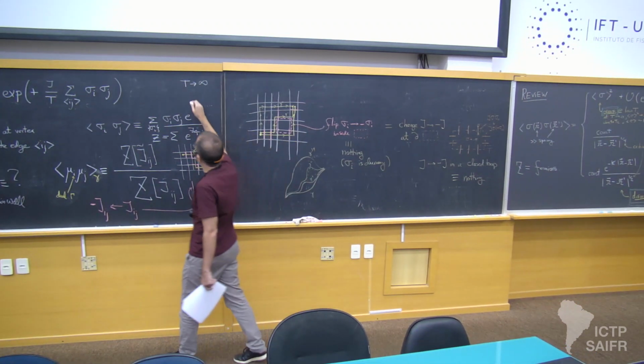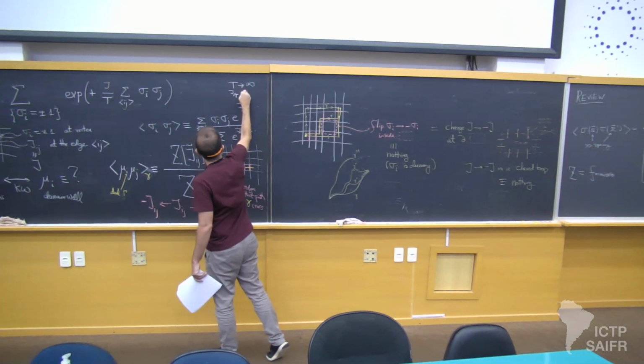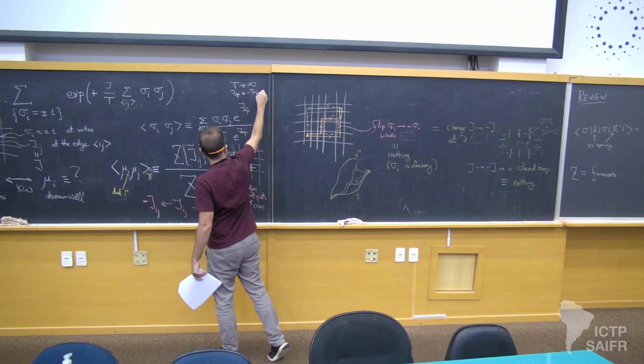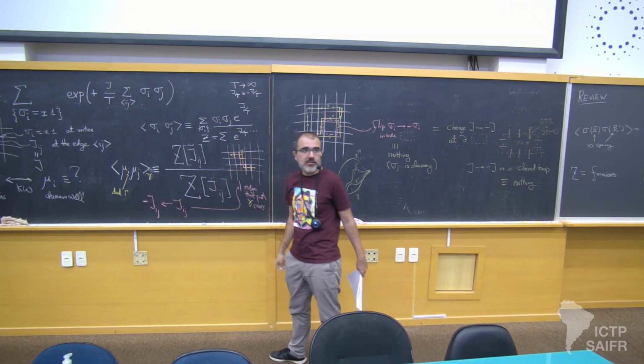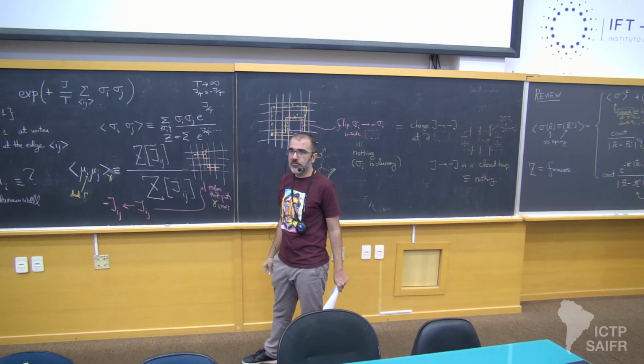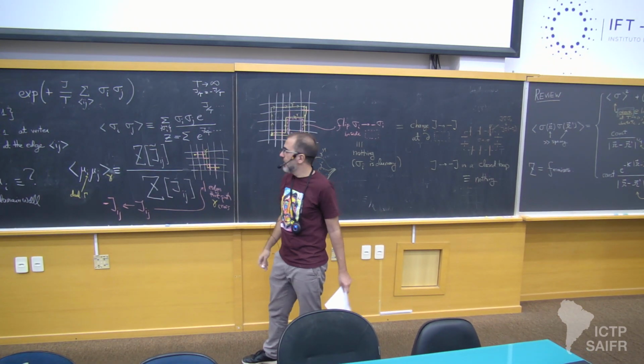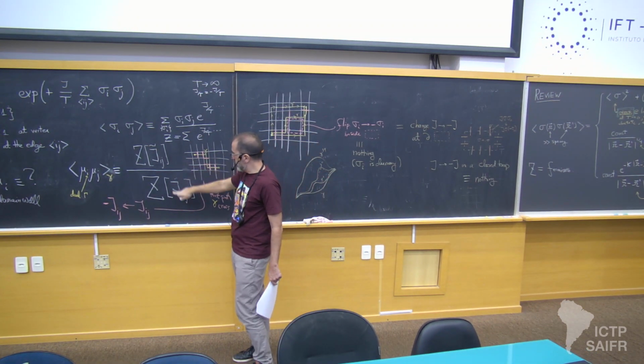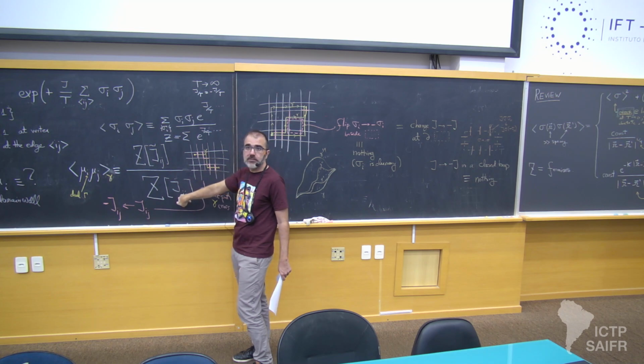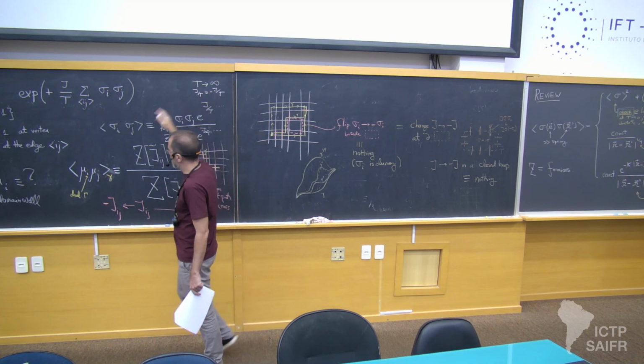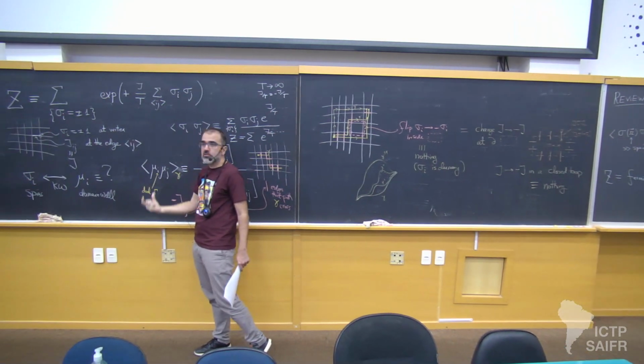Then j over t is equal to minus j over t. It doesn't make any difference to change signs. Do you agree? And therefore, what's the ratio of this guy over this guy? 1. And so we conclude that when t goes to infinity, this mu mu goes to 1.